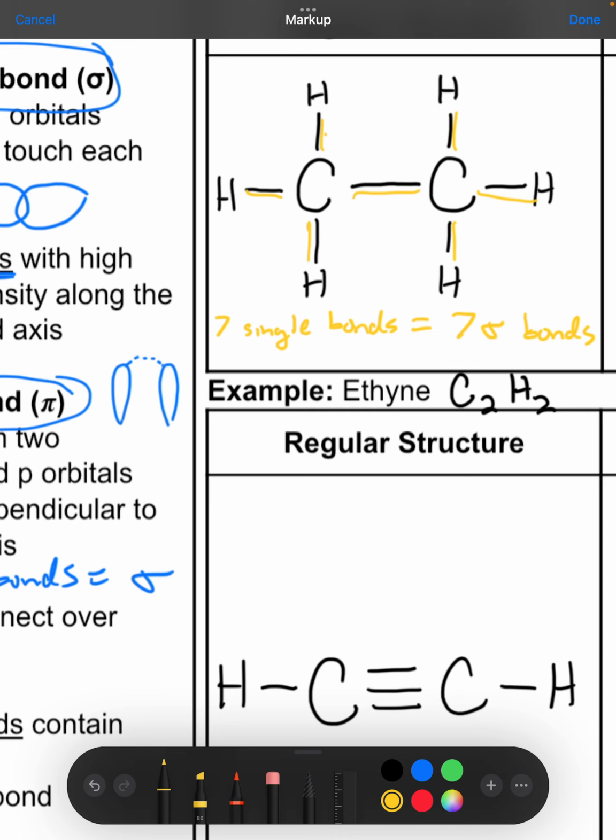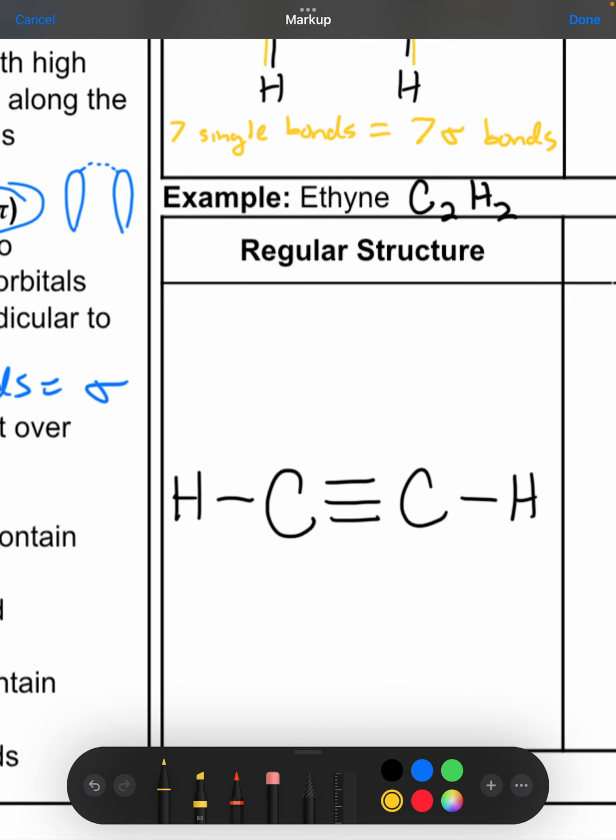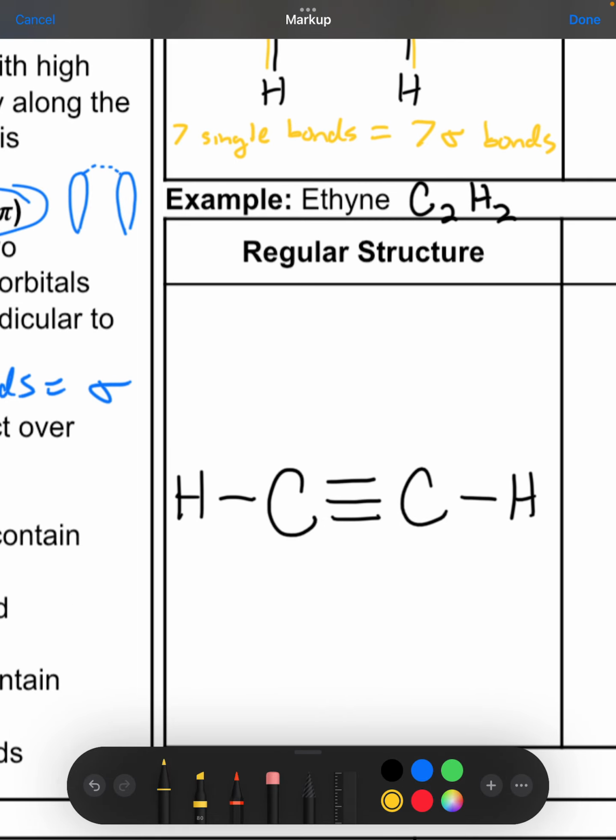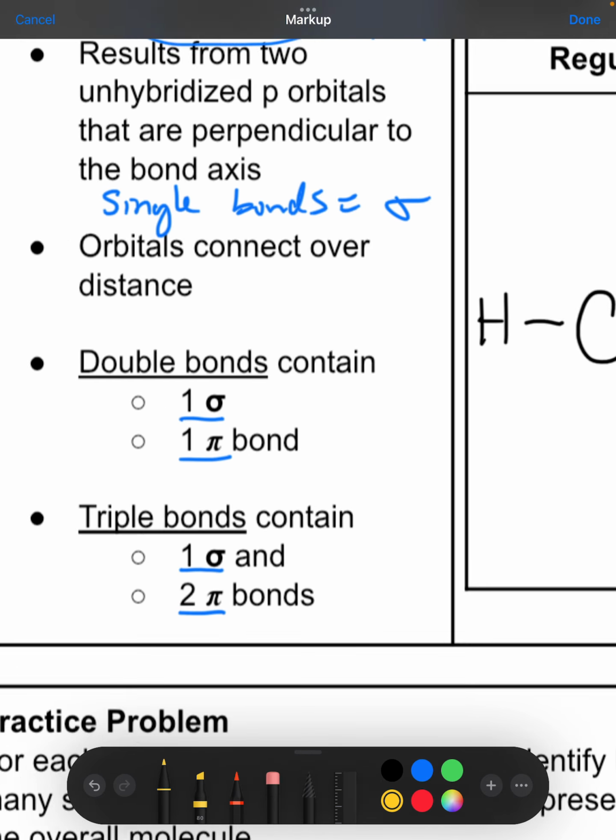because there are 7 single bonds there. Okay? But if I look down at ethyne, I do not only see single bonds. I see 2 single bonds and a triple bond. So just based on the fact that there's 2 single bonds there, I know there's at least 2 sigma bonds present because I know that every time there's a single bond, that means there's a sigma. But let's look again at what triple bond means.